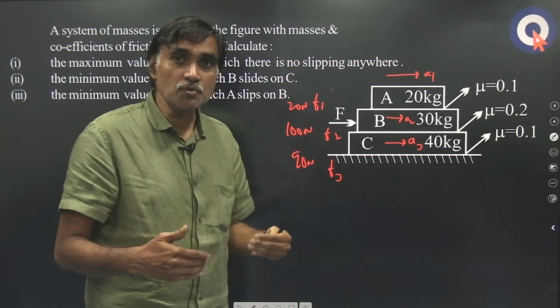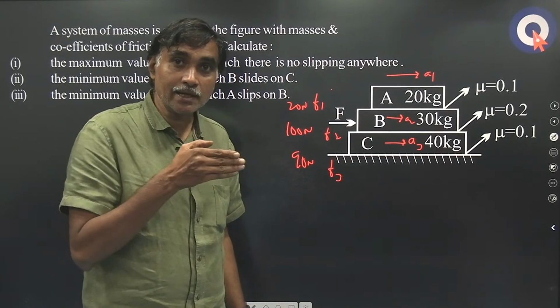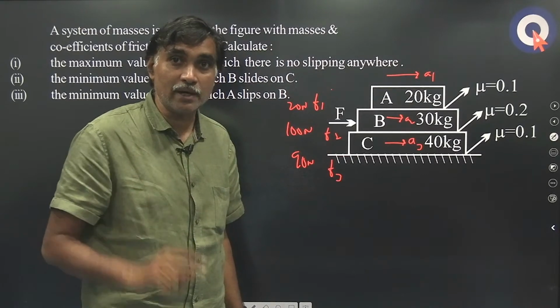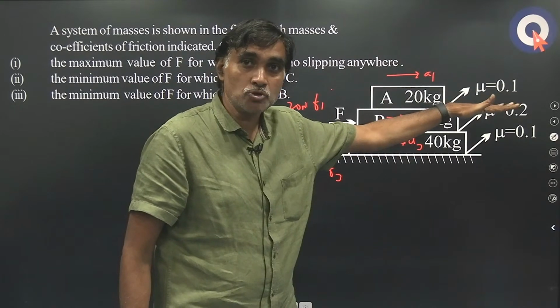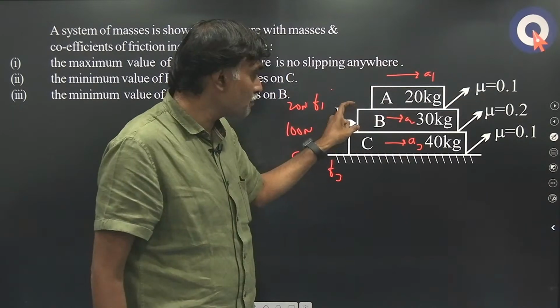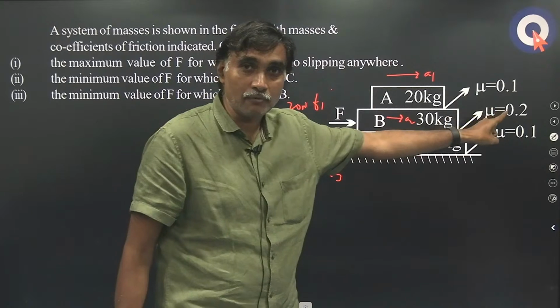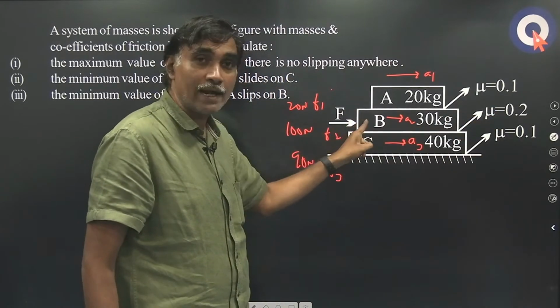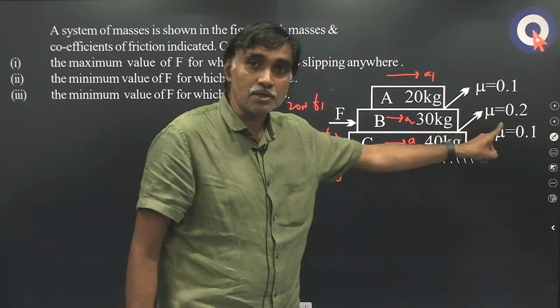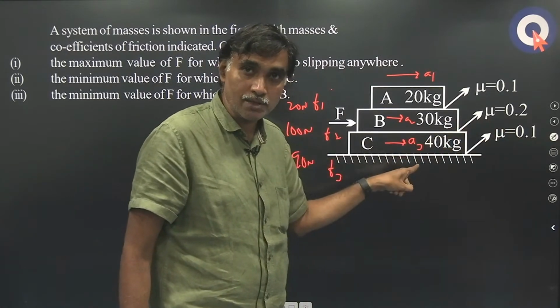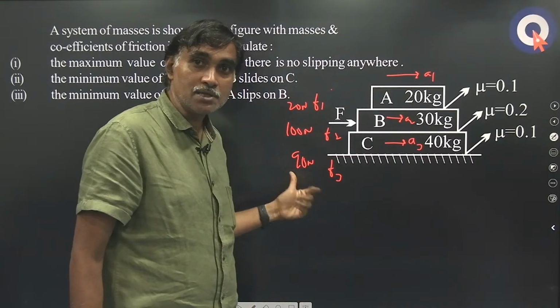On the blocks on which force is not applied, they are accelerated by frictional force in the direction of the applied force. So on this, the only horizontal force acting is F1, which should act towards the right, and both frictions on B will act opposite to the direction of the applied force. So both F1 and F2 will act towards the left on block B, and on block C, F2 will act towards the right, F2 accelerates block C, and F3 will act towards the left.